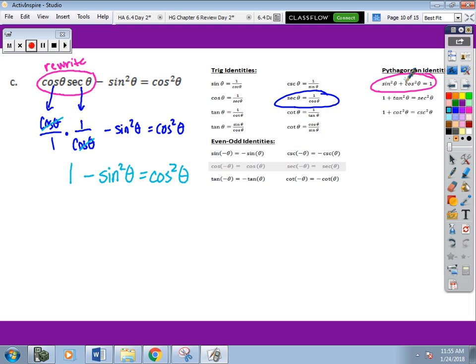Now, if you have the extra formula written that I wrote on your paper, which I think was cosine squared equals 1 minus sine squared, you can then say that cosine squared equals cosine squared. Now, some students would prefer to use inverse operations and actually get it to look like this. So, the inverse of subtracting sine squared would be to add sine squared.